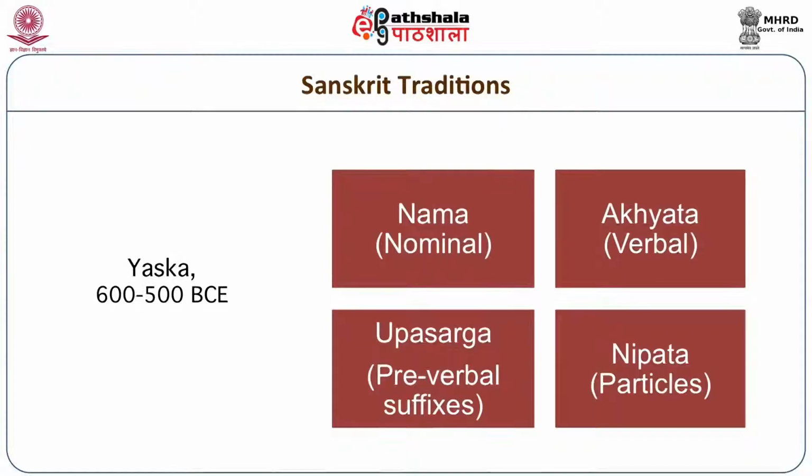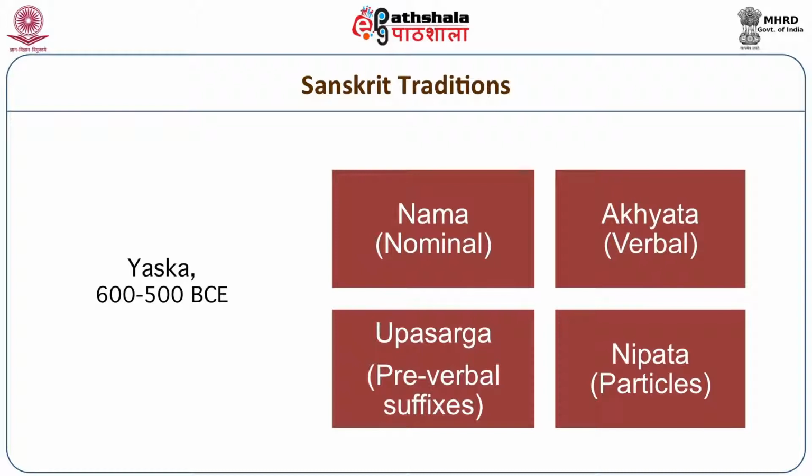The beginning of this tradition, as far as we know, because it's a very old tradition, is with Yaska's etymological work, which is around 600 to 500 BC. Like the Aristotelian Plato tradition, it used ontology and morphology to define the basic parts of speech.